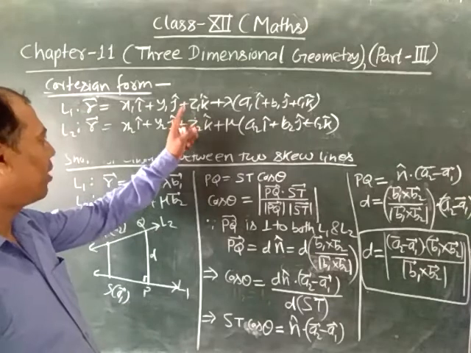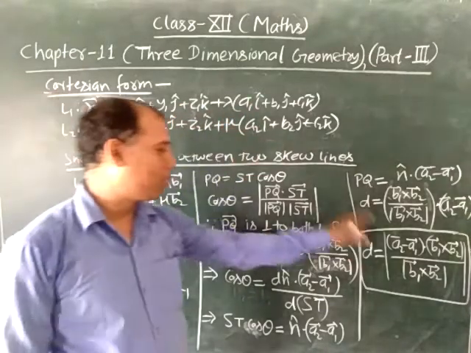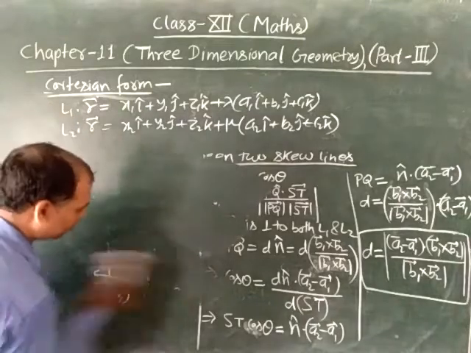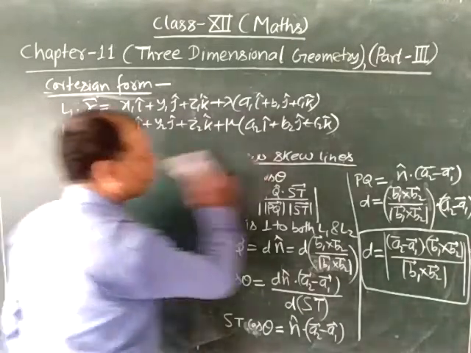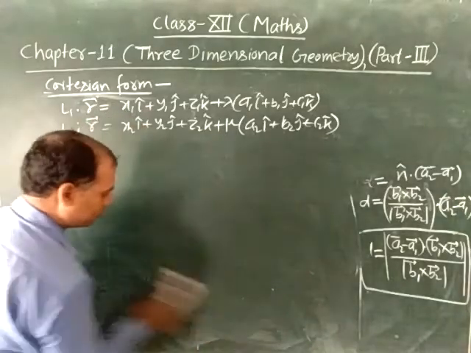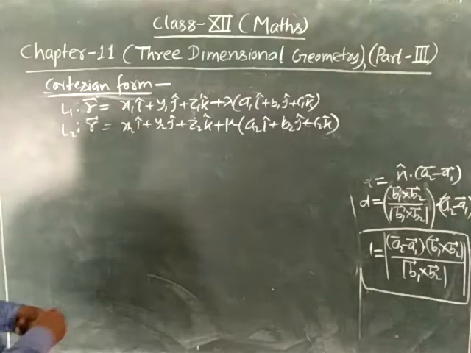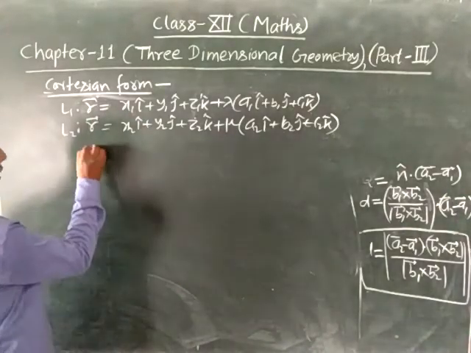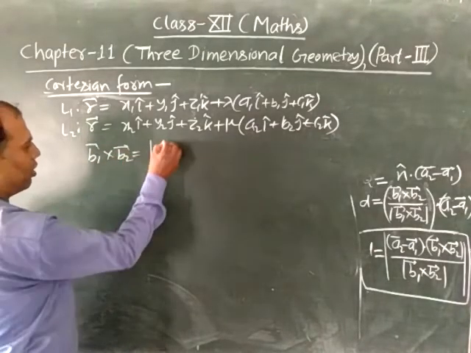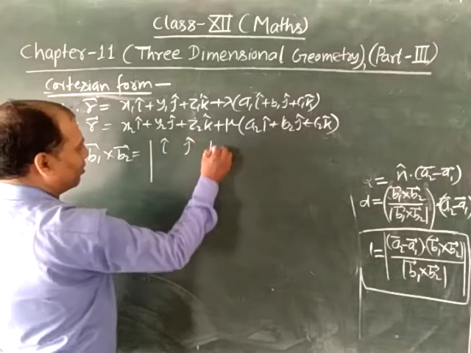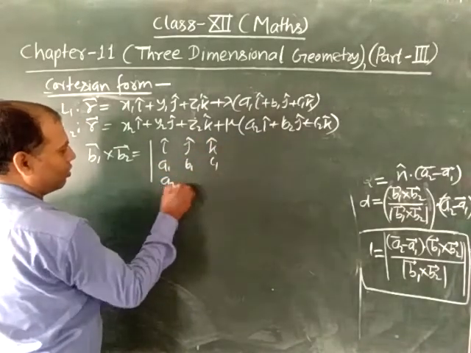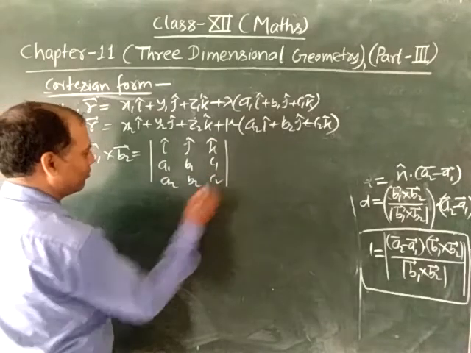Now putting the values of a1, a2 and b1 and b2 in this equation, then what do we get? First of all, we should find out the value of b1 cross b2. This is equal to the determinant with rows i j k, a1 b1 c1, a2 b2 c2.